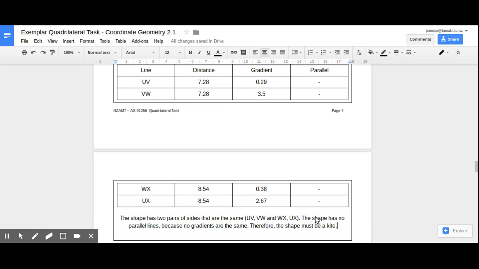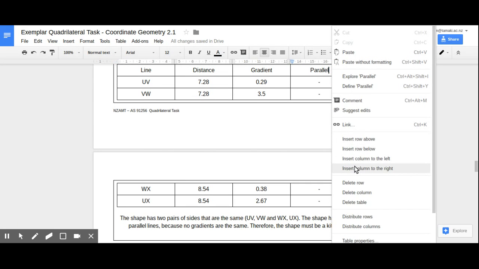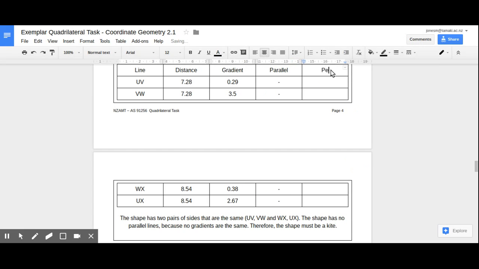We don't have to work out perpendicular lines in this case because for a kite, and because of these restraints, it doesn't actually matter. But if it was another shape that we're investigating, say it looked like it was going to be a square or a rectangle, we would then have to investigate whether there were any perpendicular sides. How we could do this is we could add another row here, perpendicular, and then multiply these out.